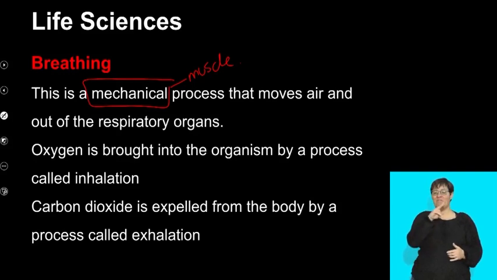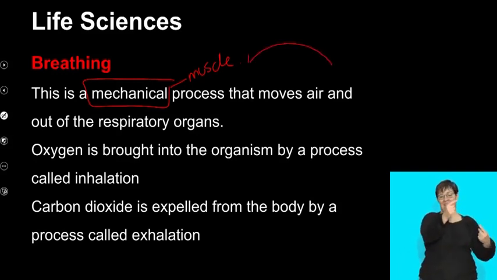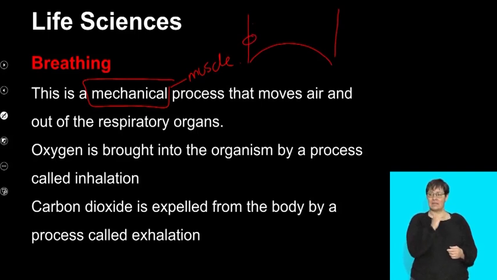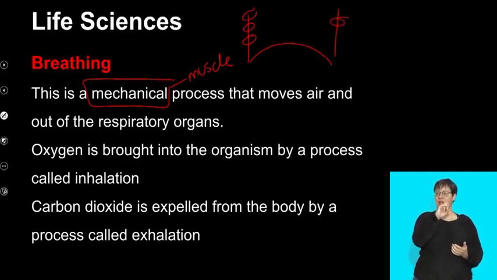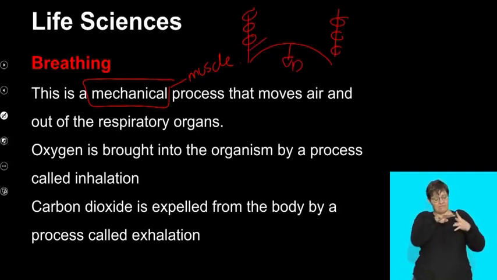So the lungs can't actually do the work. It's reliant on other organs, and that comes to the diaphragm. And then we have the ribs, and in between the ribs, we have the intercostal muscles. Between the diaphragm and these intercostal muscles, we bring about the process of breathing.